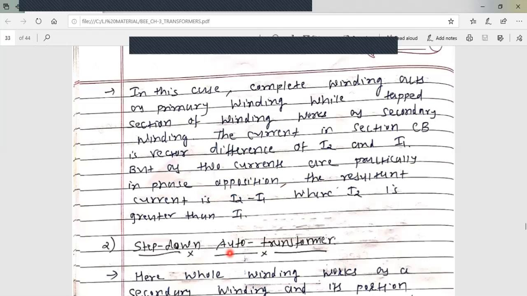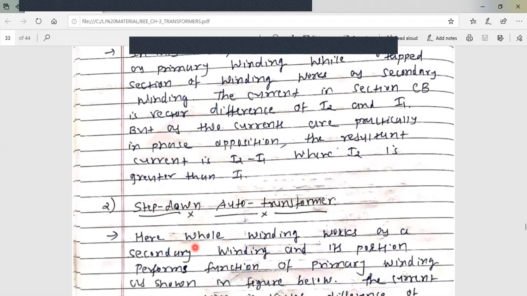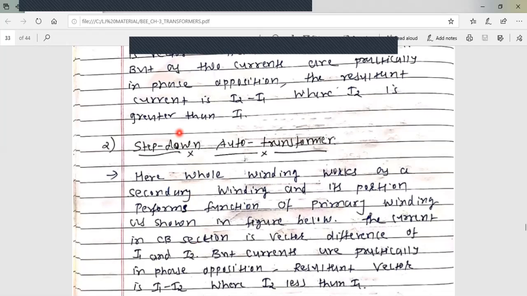Okay. In the same way, next is the step up transformer. Here it is a mistake; this is a step up transformer because we have seen the step down transformer earlier. Now in a step up transformer, consider up in place of down.